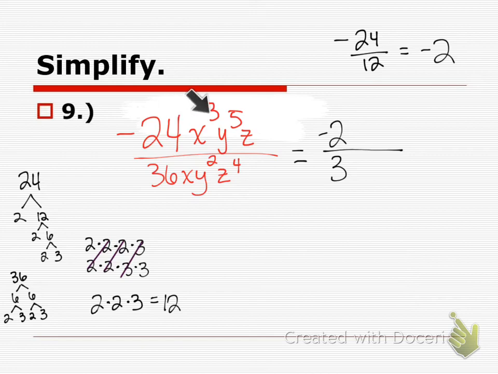The bigger exponent for x was in the top. That's where x squared is going to go. Next, the y's. 5 minus 2 is 3. So y to the 3rd should end up where? Top, because it already came out positive. For our z's.